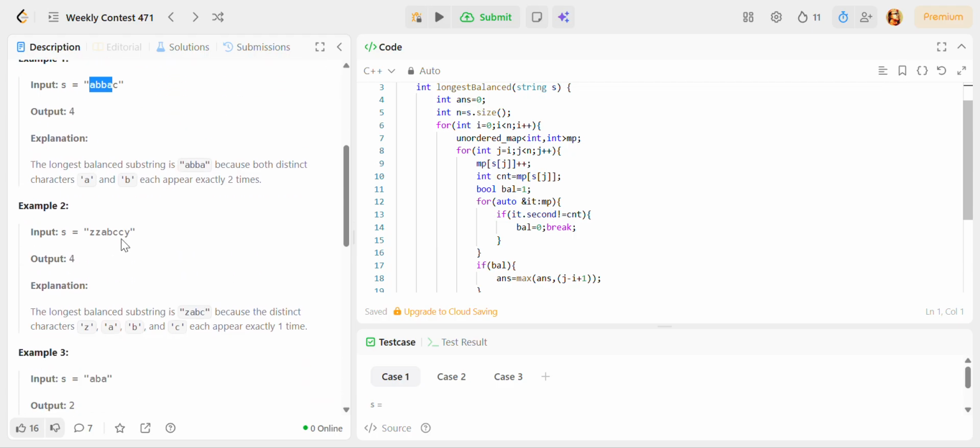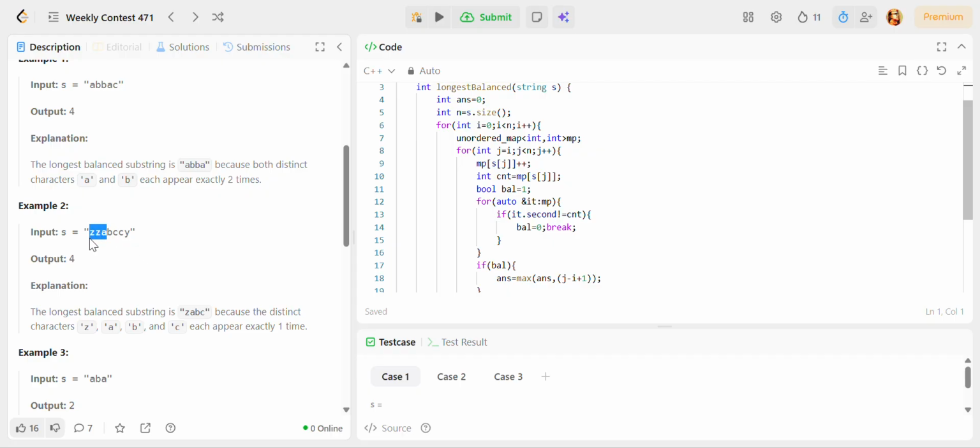Let me explain the second example. In the second example, you can see that taking this substring, z is occurring 1 time, so it is balanced. Here also z is occurring 2 times, so only one distinct character is there, that is z, and it is occurring 2 times, so it is also balanced.